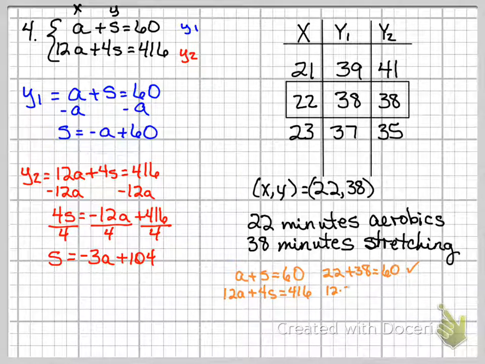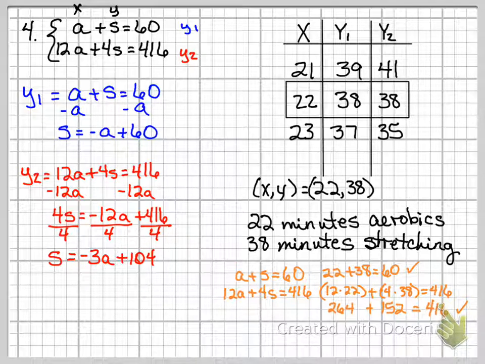So that's 12 times 22 plus 4 times 38. And that should come out to 416. Let's see. 12 times 22 is 264. 4 times 38 is 152. That adds together for 416.